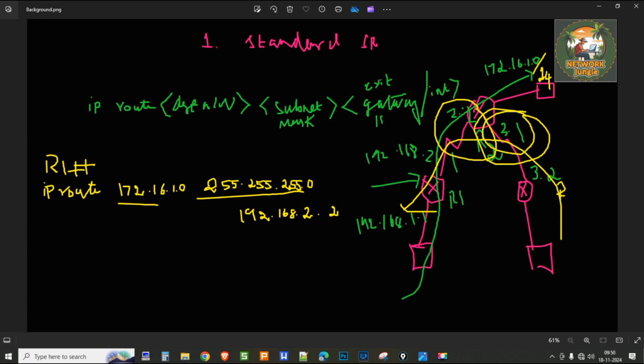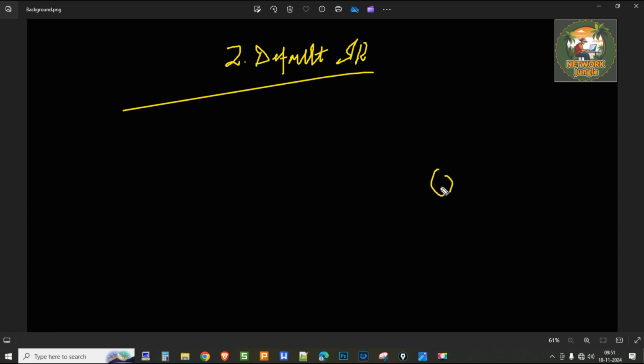Next, we need to understand default static routing. Second one is the default static routing. Default static routing is nothing but, so R1, R2, R3.